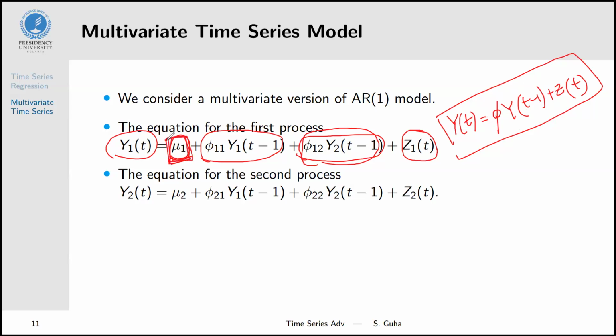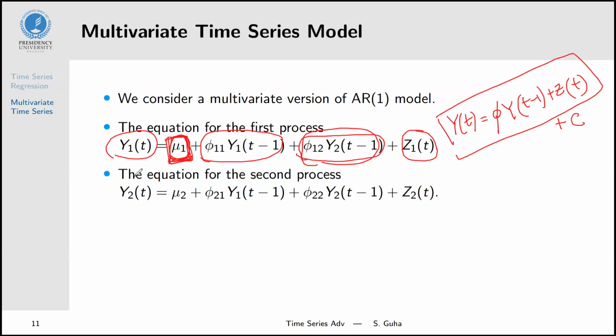That is the only difference. So it's like adding a constant. It is customary to include such a constant while working with a multivariate AR model. So it will be a multivariate version of the AR model.